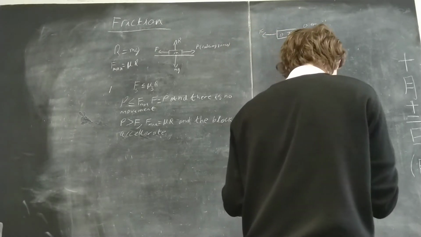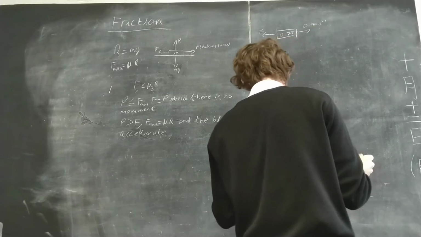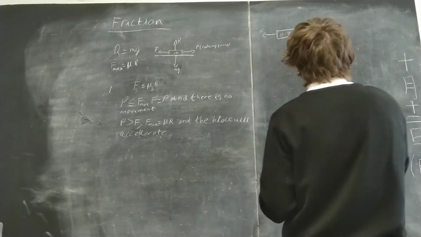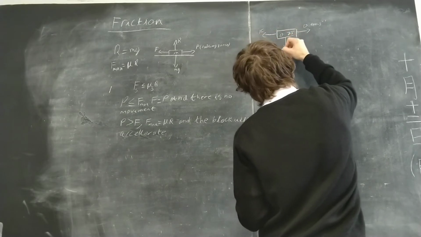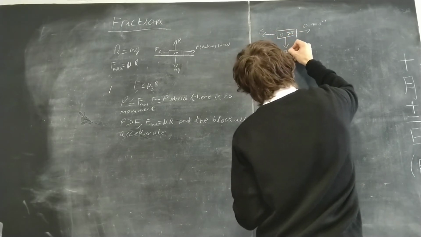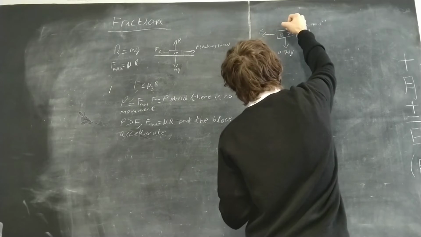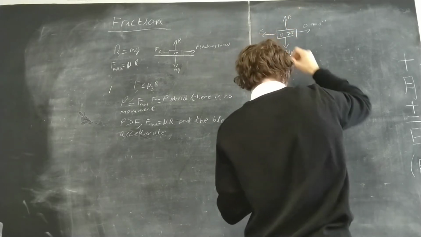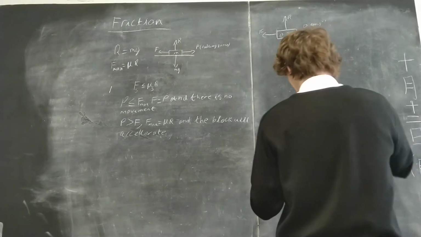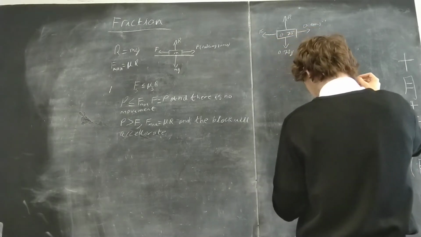I don't know if we said that before, but I should say that: friction is always acting in the opposite direction. This here is then 0.75 g, and the reactant force. Okay, we need a few other values.